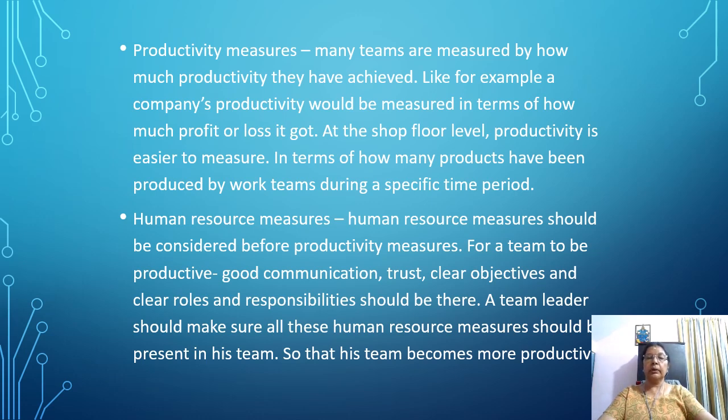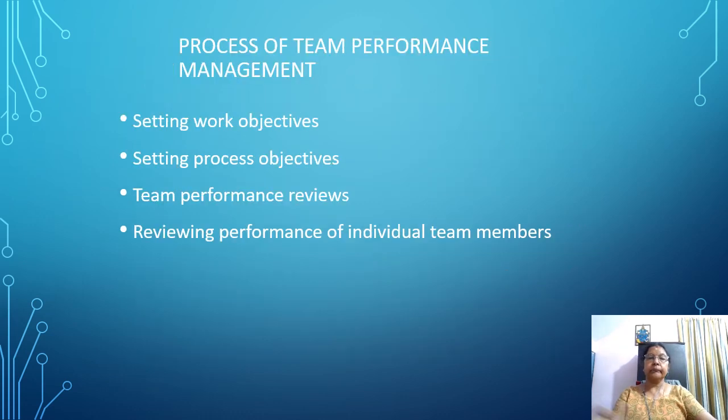So first, the human resource measures have to be measured in a team, whether all these are there in the team: the communication, the trust, the clarity on objectives, roles, and responsibilities, and then the productivity of the team has to be measured.